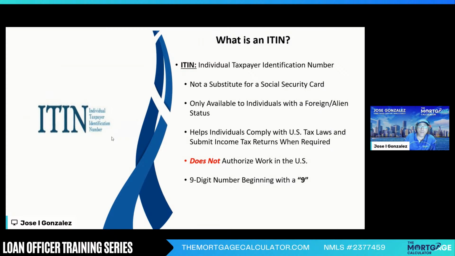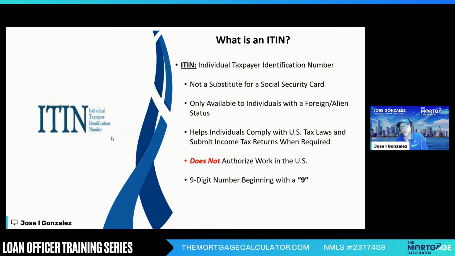Now, very important to note that an ITIN document or card is not a substitute for a Social Security number or a Social Security card. Two totally separate numbers that allow two totally separate functions. An ITIN is only available to individuals with a foreign or alien status.